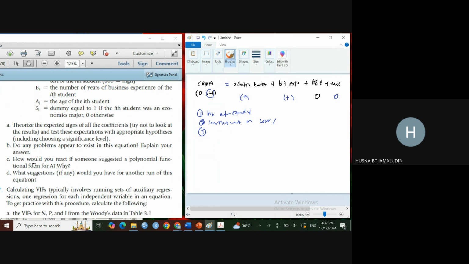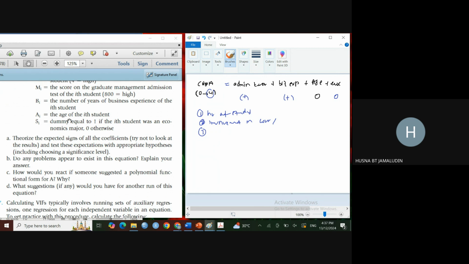Okay. So next, how would you react if someone suggested a polynomial functional form for A? What is this A? A is age. Why? What would you say if someone said that? Well, age is actually a polynomial, meaning that you're talking about CGPA, right?